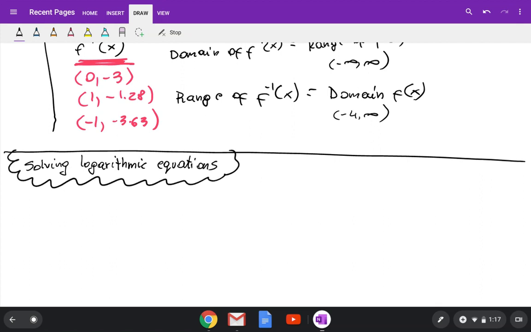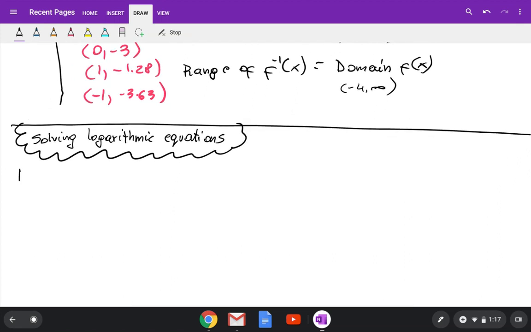Okay, I will give you 3 notes about that. First of all, you need to remember that the logarithmic function has a restricted domain, so you have to discard the extraneous solutions, which are fake solutions. Why?